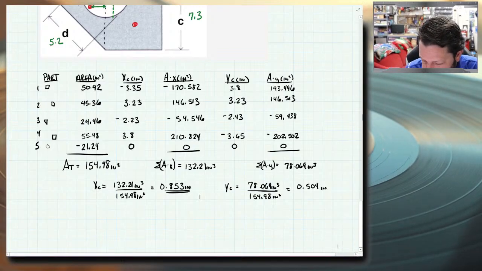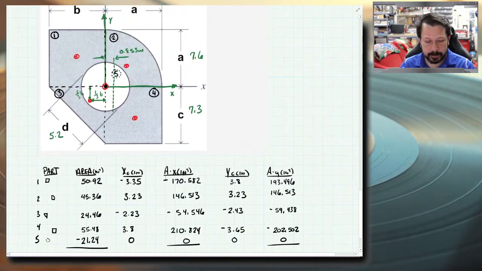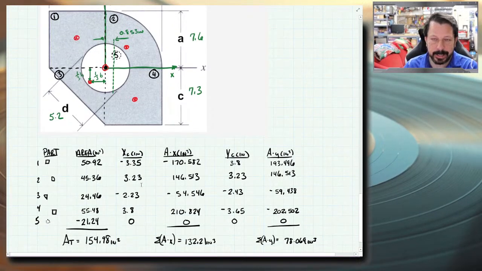So again, this one is probably a little bit more than any you would have on an exam, but it's not unrepresentative. It is similar to the type you would have, just with maybe 1 or 2 fewer pieces to deal with, and you wouldn't have to get down to the 10,000ths of a decimal point to get it right.